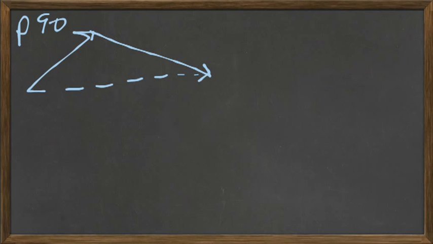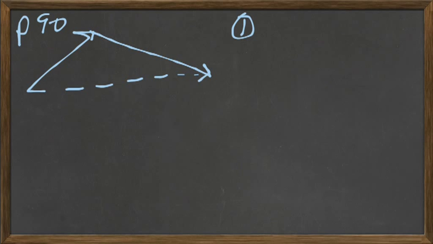One's like that, and the other's like that, and I need the resultant. Well, that's where we pick up on page 90 with non-perpendicular vectors.